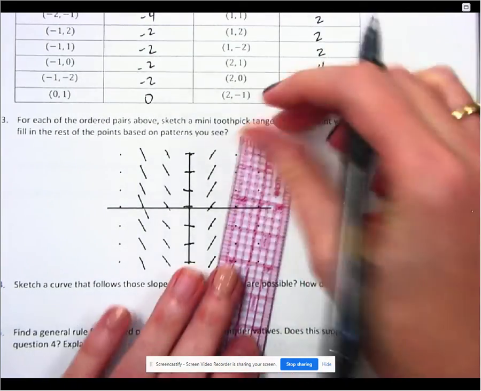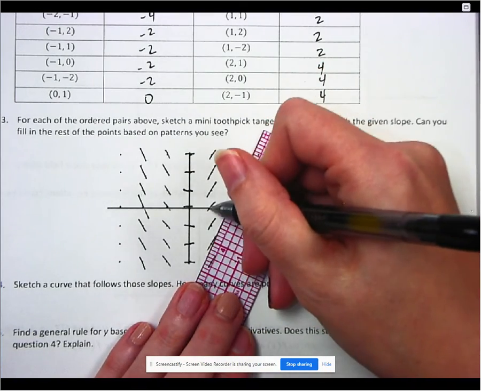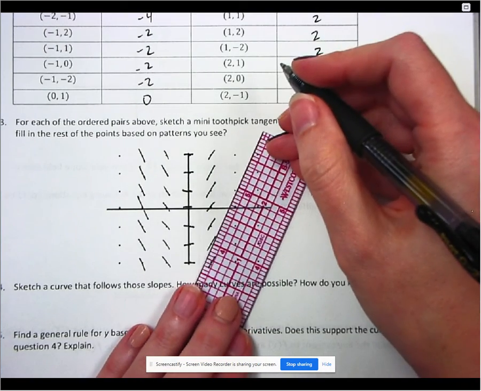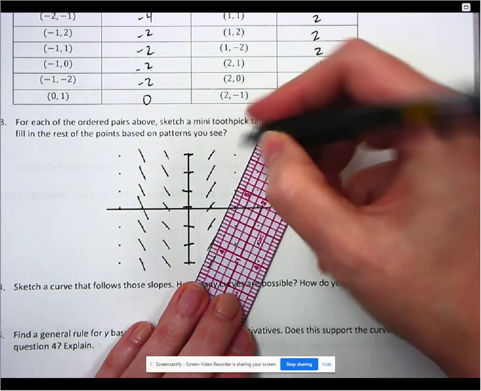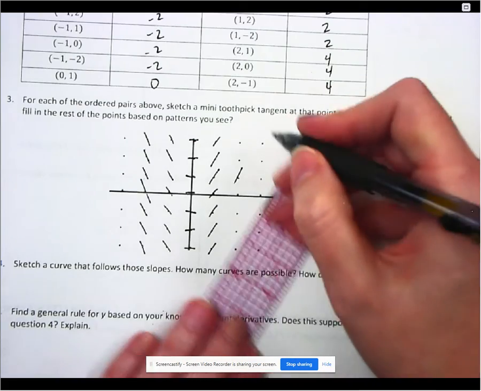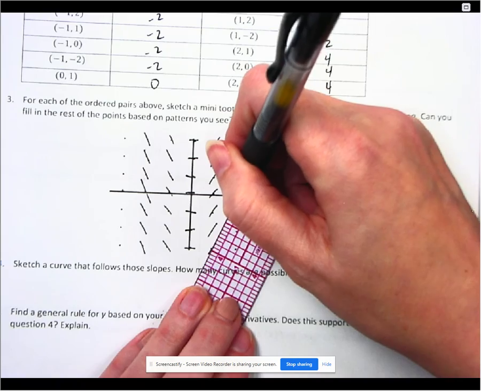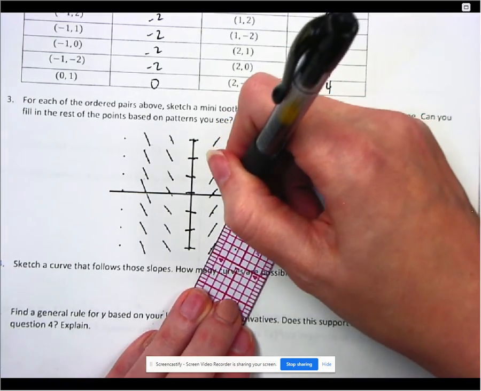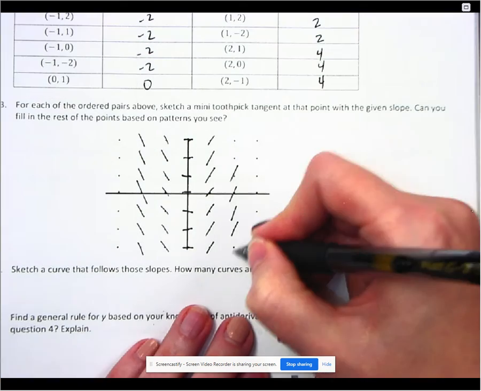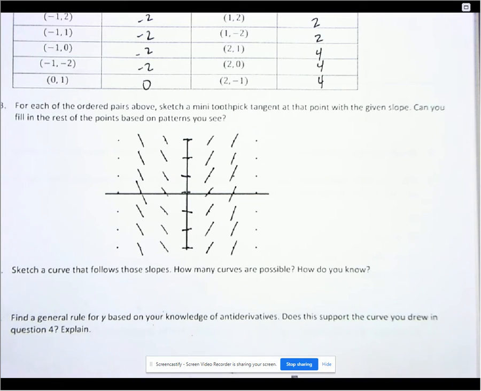So at 2, 1, I have a slope of 4. Let's just double check. So that's up 1, 2, 3. Oh, not quite. 1, 2, 3, 4 over 1. Okay. So just kind of follow along in that same slant.